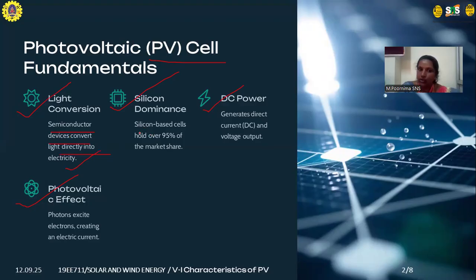Silicon dominance: silicon-based cells hold over 95% of the market share, which we are all familiar with. Next is DC power: we generate direct current and output voltage. Next is the photovoltaic effect, where photons excite electrons, creating an electric circuit. These are the fundamentals of photovoltaics.